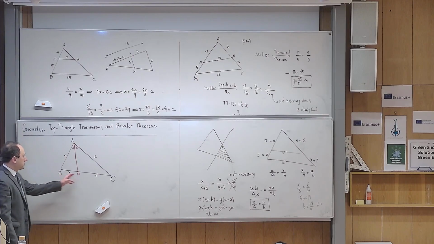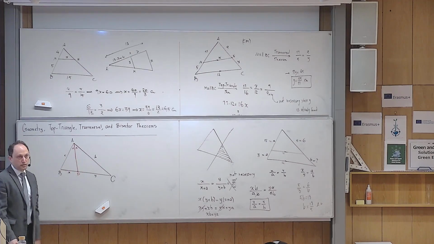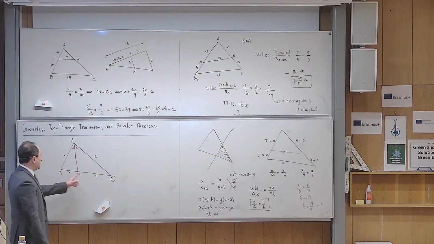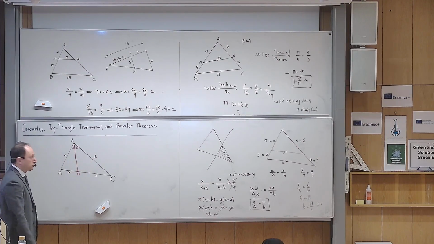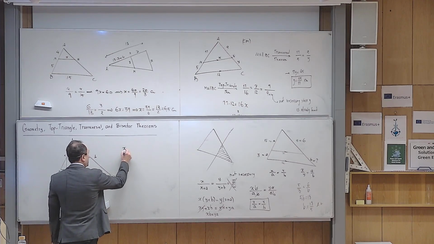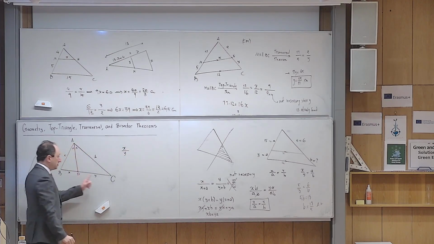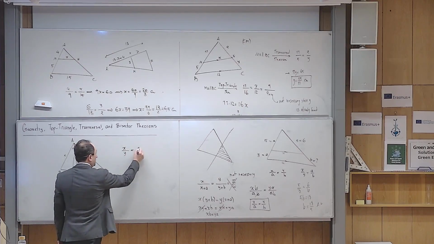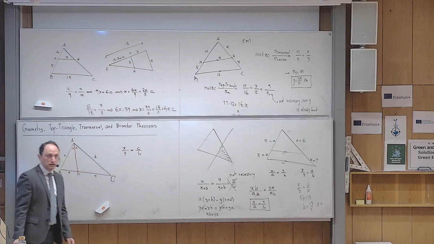There is a very nice relation between these 4 numbers. And the relation is this. The ratio of x to y is equal to the ratio of c to b. It is not trivial. Okay?